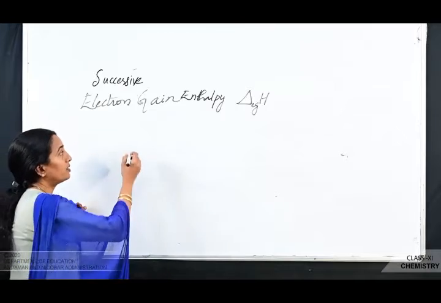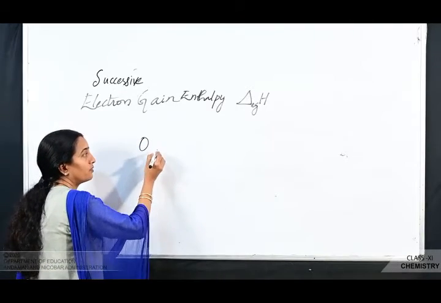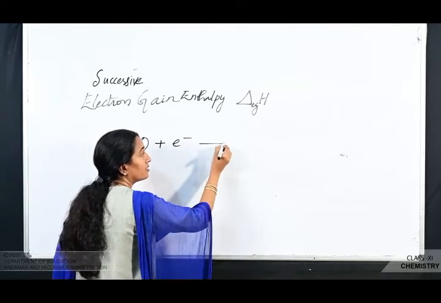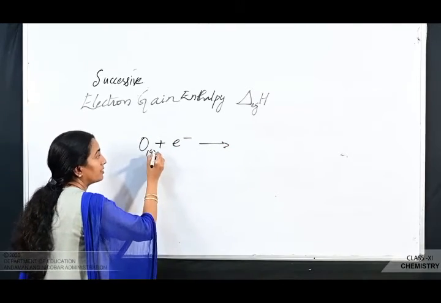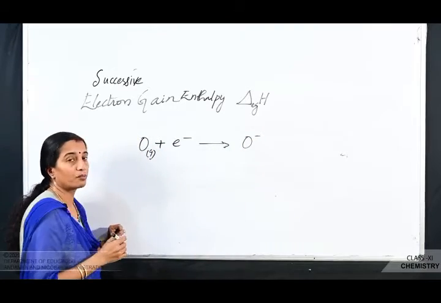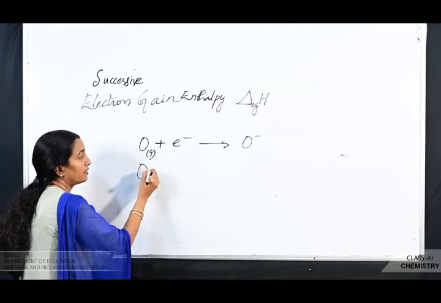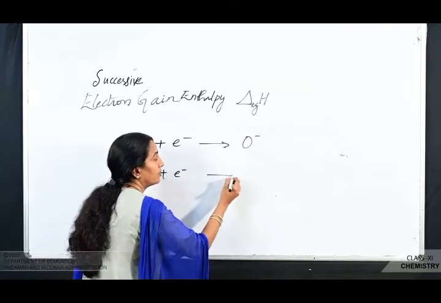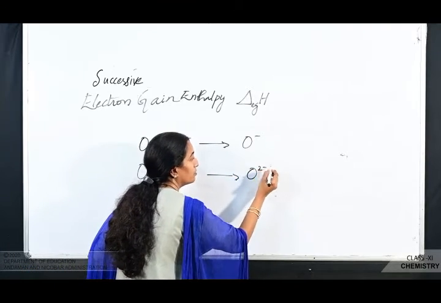Okay, for example, oxygen: the gaining of electrons does not take place in one single step. If the gaseous atom is going to gain electrons, it does not take place in a single step. That means here the second electron is being added, giving O 2 minus.